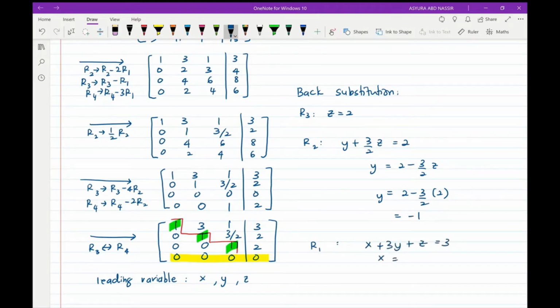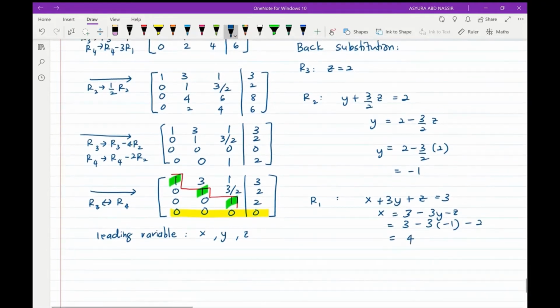So x will be 3 minus 3y minus z. Substitute, and you will get 3 minus 3 times negative 1 minus 2, which is 3 plus 3 is 6, minus 2 is 4. So the answer: x, y, z equals 4, negative 1 and 2.